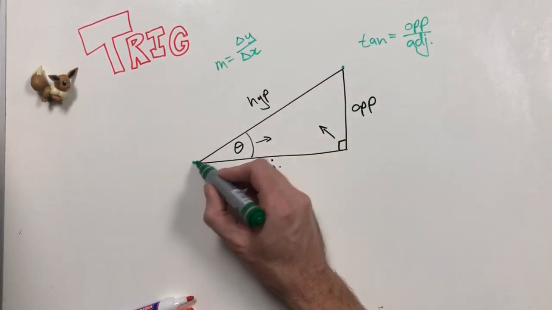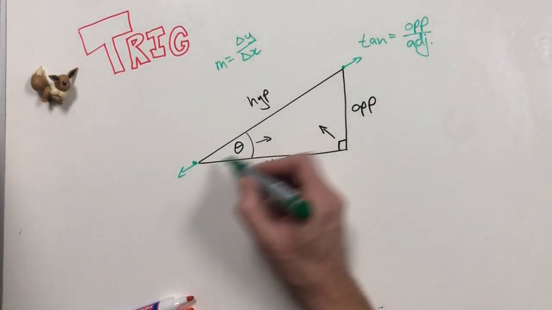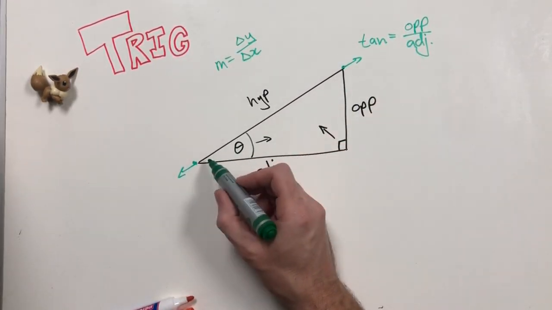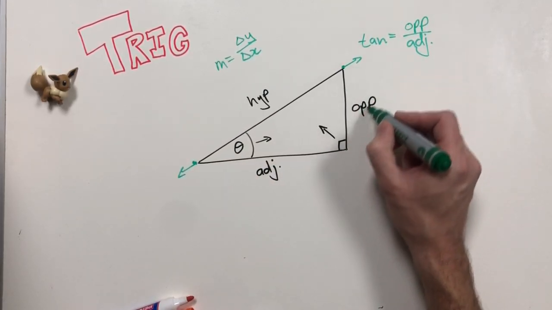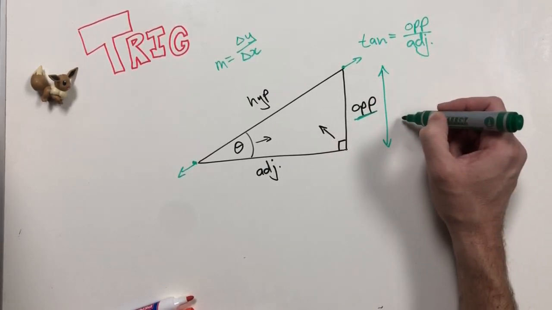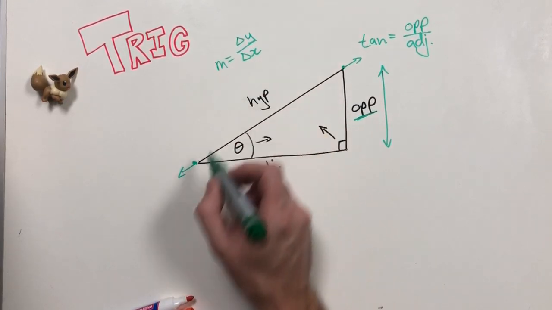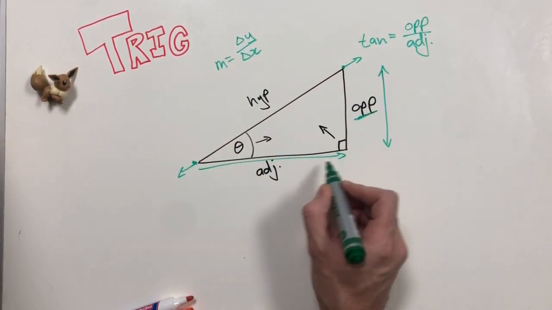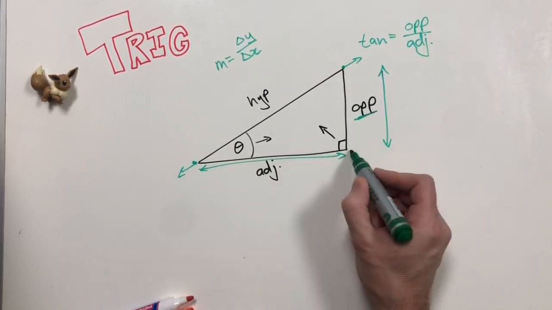If I'm looking from this point to this point, and let's say this was a straight line, you would agree that to work out the gradient of this line, I would take the difference in y. That's the opposite side, over the distance traveled, the change in x, which would be this. So this would be my y value, and this would be my x value.